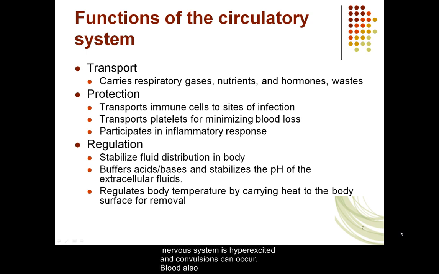Blood also maintains normal fluid levels in the cardiovascular system and prevents fluid loss. A constant exchange of fluid takes place between the blood plasma and the interstitial fluid. If too much fluid is absorbed into the blood, high blood pressure results.